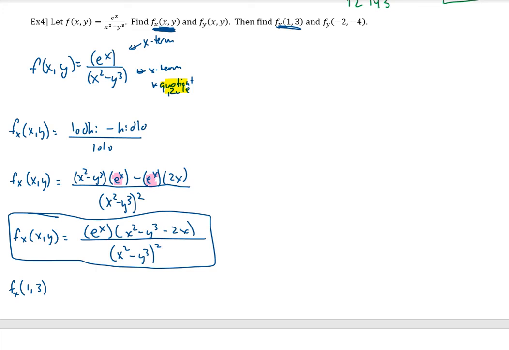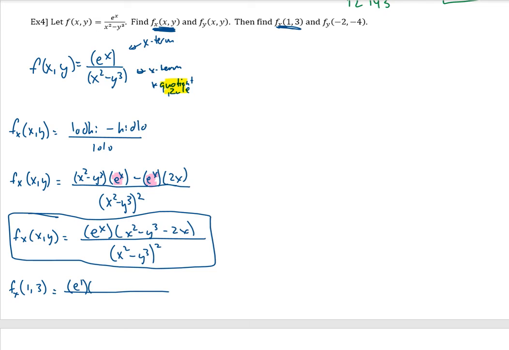Okay, so our partial derivative with respect to x at 1, 3 is equal to e to the first, and then times x squared. Well, that's 1 getting squared. Oops, let me use parentheses.